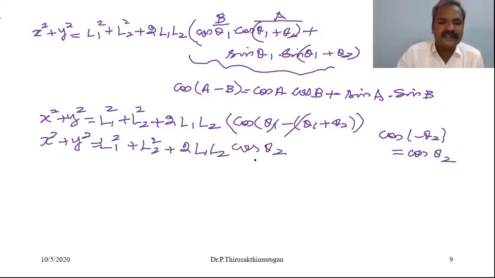From this relation, we can estimate cos theta 2, or the theta 2 value.